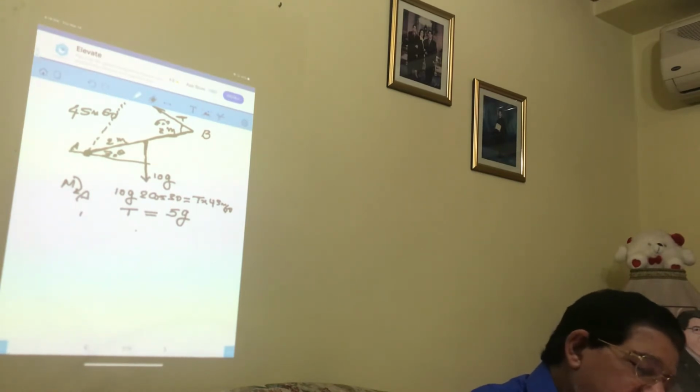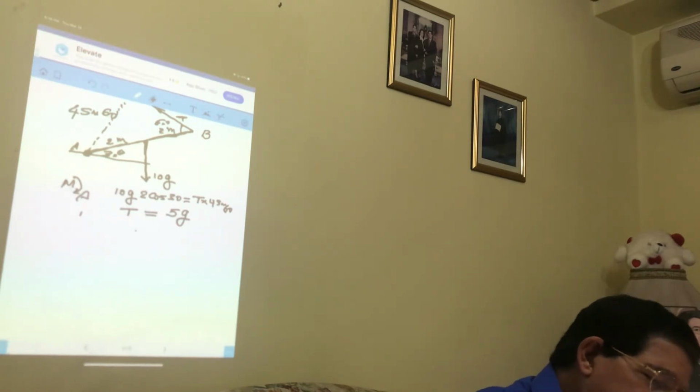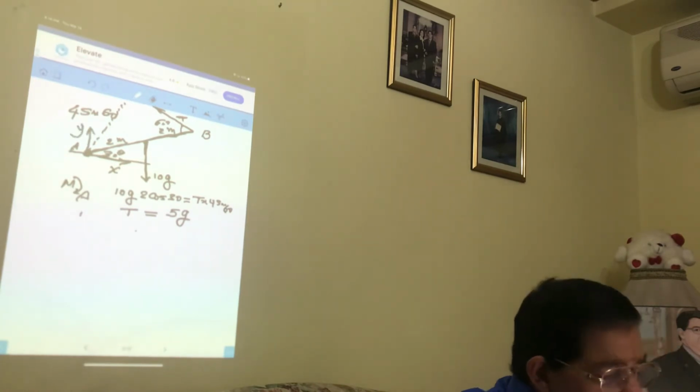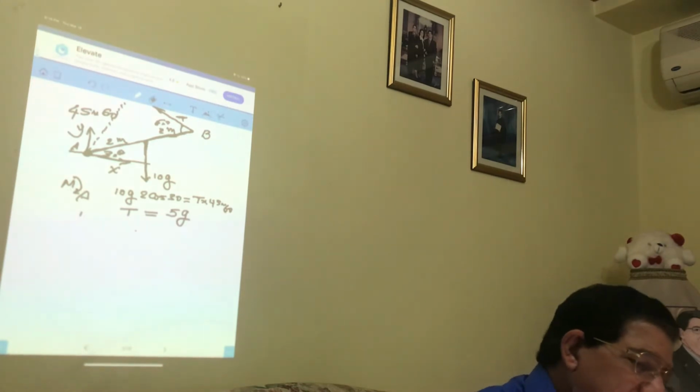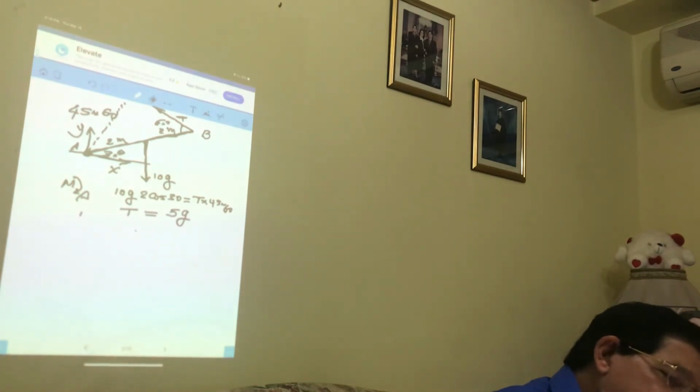Now, the next step is that it is going to be mentioned that the reaction at A has 2 components, X and Y. And we are going to resolve the tension.